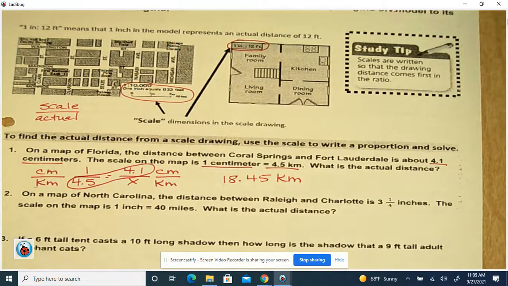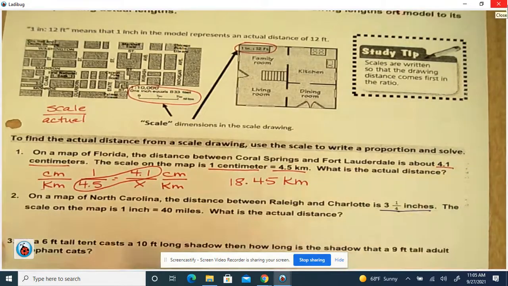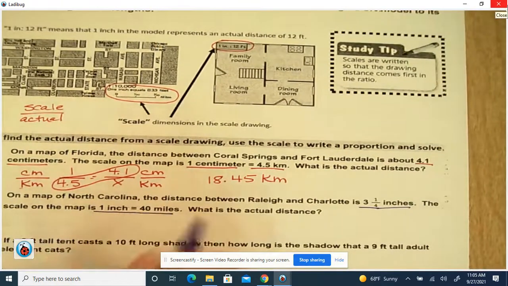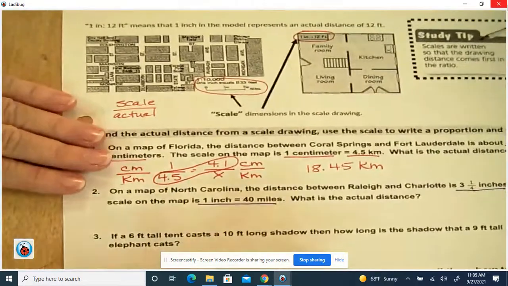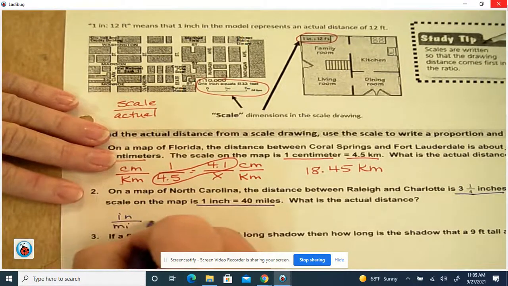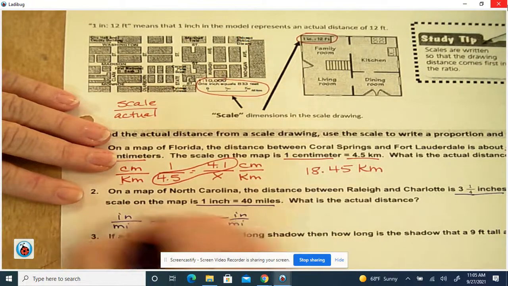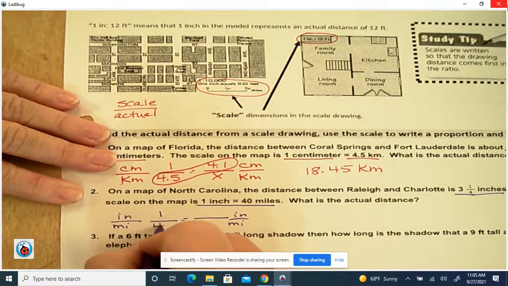All right, our next question. On the map of North Carolina, the distance between Raleigh and Charlotte is 3 1/4 inches. The scale on the map is 1 inch equals 40 miles. So we would set our twins up using the scale, which is inch over miles, and inch over miles. So we've got 1 inch is 40 miles.